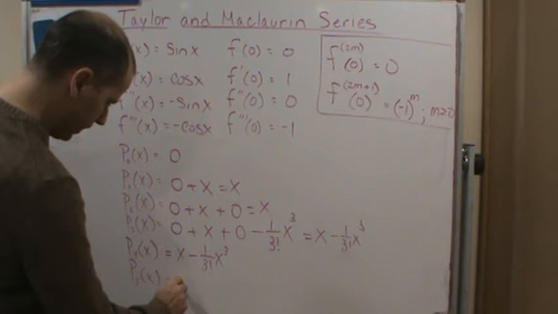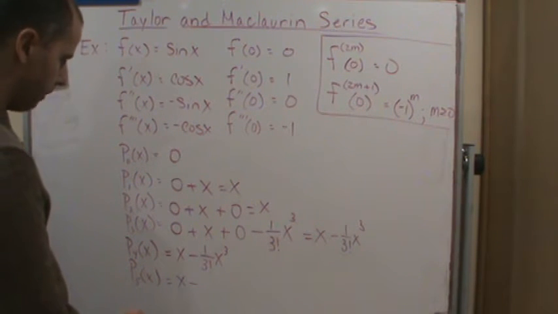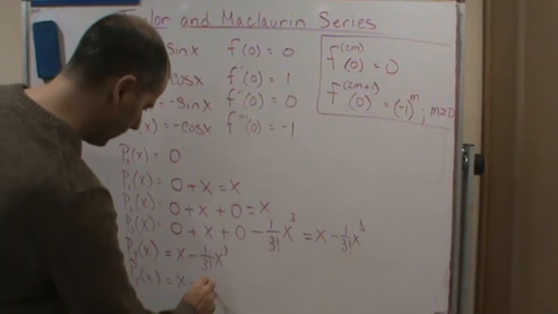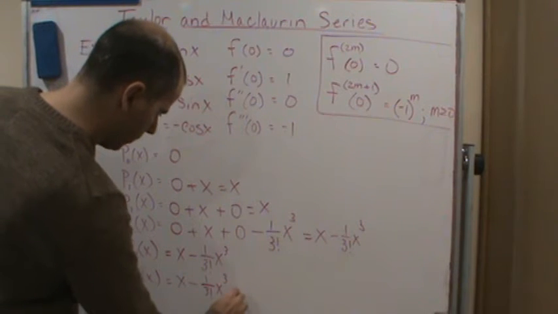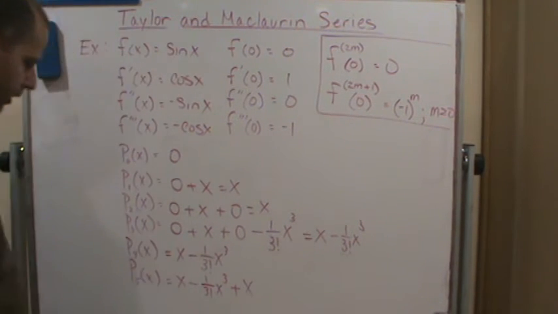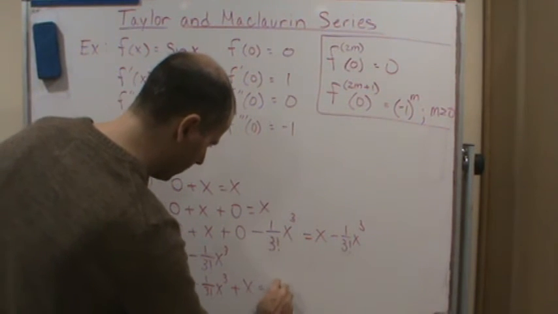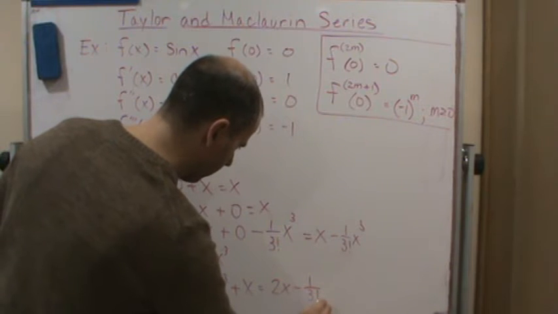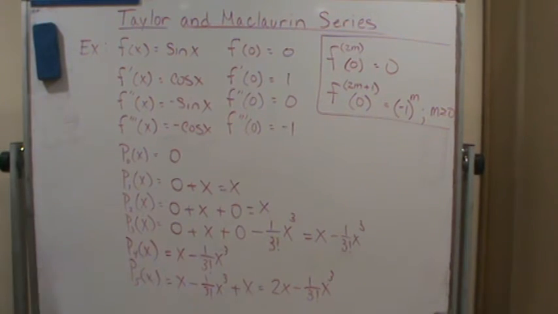So this is going to end up being x minus 1/3 factorial x to the third plus x, which means now I'm going to have 2x, right? So this is going to end up being 2x minus 1/3 factorial x to the third. Okay?